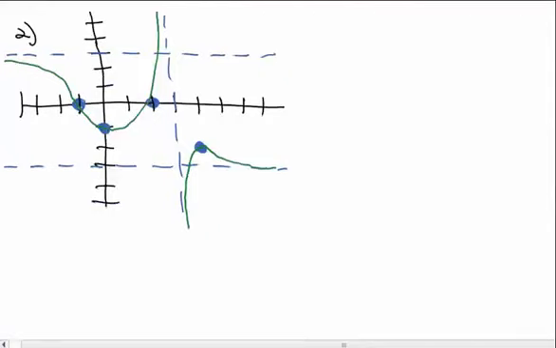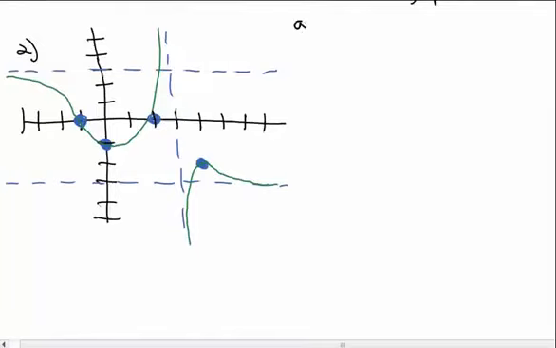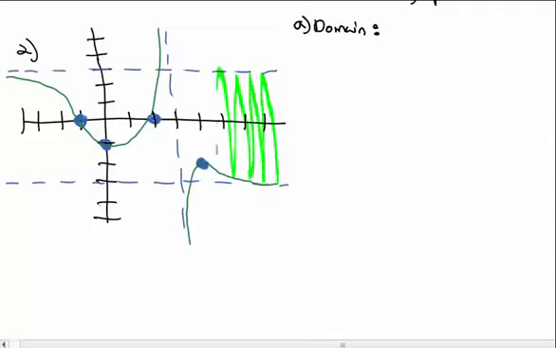And we're going to try and find all the similar information about the graph. First, we're going to start with finding the domain again. Again, domain is all possible x values. And what you should start to notice is the graph hits all these x values until it gets to the asymptote.